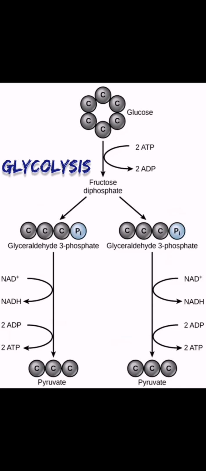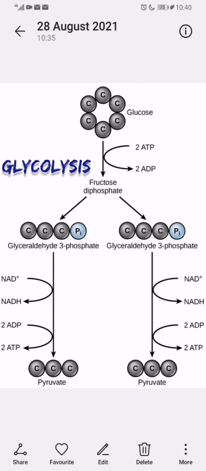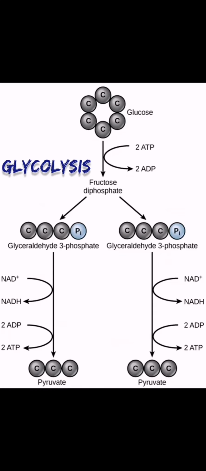The next stage is whereby fructose diphosphate breaks down to form 2 molecules of glyceraldehyde 3-phosphate. The other name for this molecule is triose phosphate, and it is a very energy-rich molecule. Each molecule of glyceraldehyde 3-phosphate then reacts with ADP to form ATP.